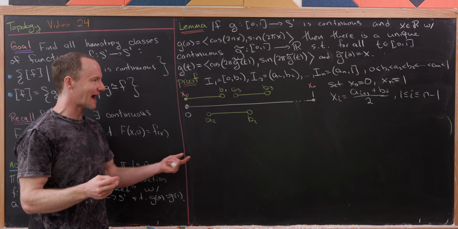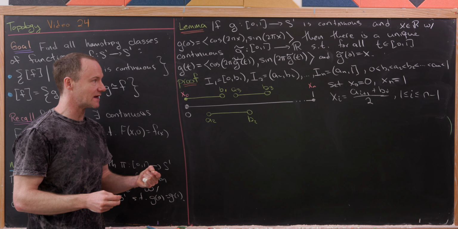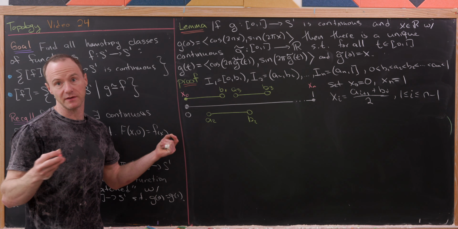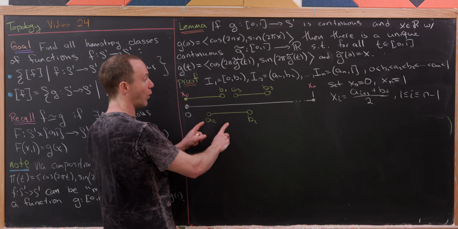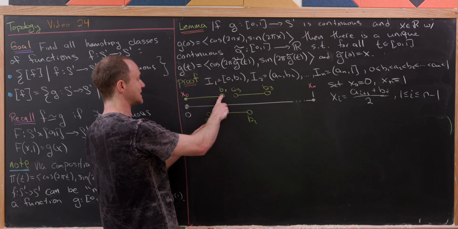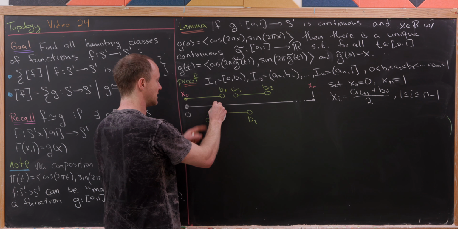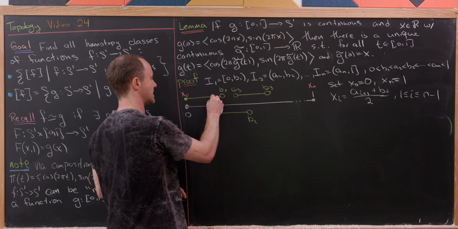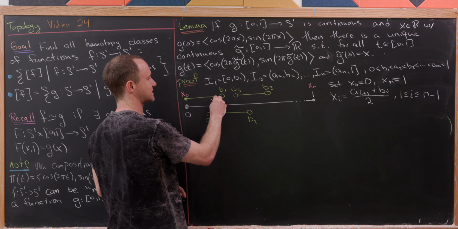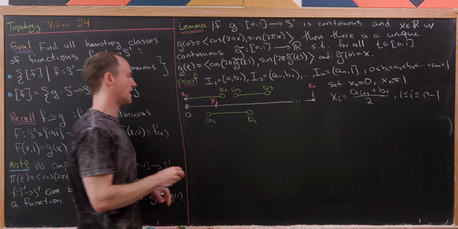Well, that's going to be exactly the number right between a(i+1) and bi, the midpoint, if you will. So the x sub 1 will be right between a2 and b1. So if we kind of triangulate that out, that's going to be this number right here. So I'll put my number x1 right there.